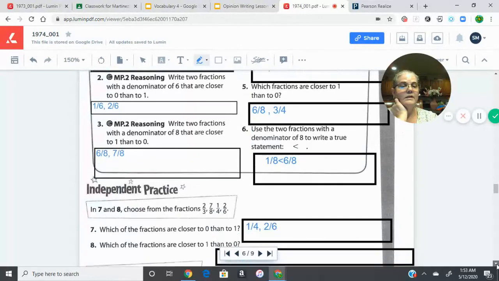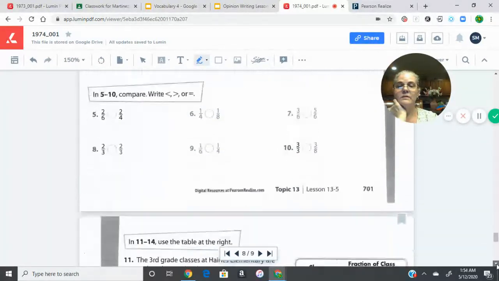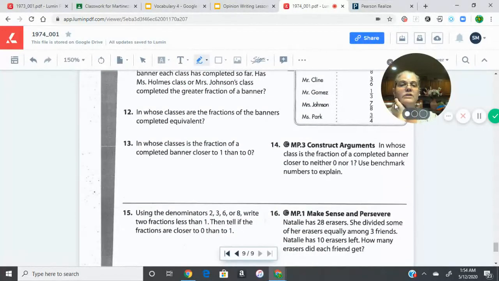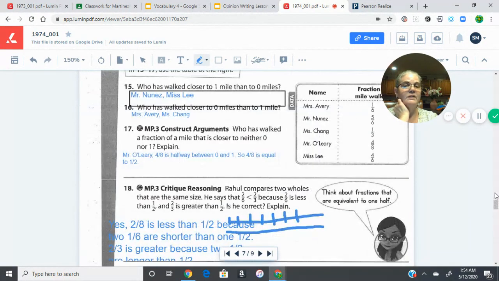Let's get to the bottom here. And then we get to use this graph, just like we did with our practice paper, to answer how close they are to 0 or 1 or the half. So go ahead and go over those. Show your parents. Email me if you need help, if you need me to do like a little lesson with you about it.